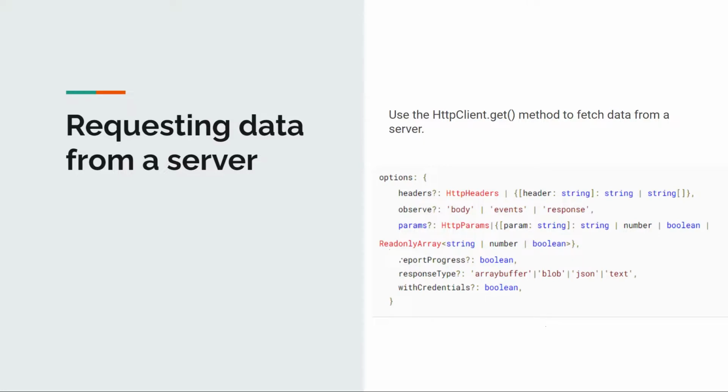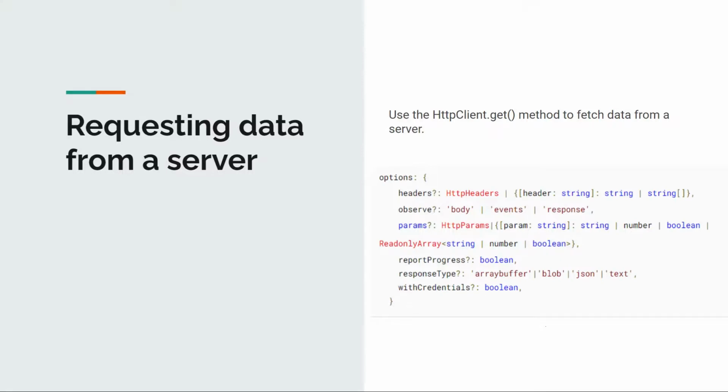When we talk about our get method, it has two parameters, which are the endpoint URL and also options. These options object contains some other properties also, which are headers, observe, params, report progress, response type, and so on. The observe option specifies how much of the response to return.